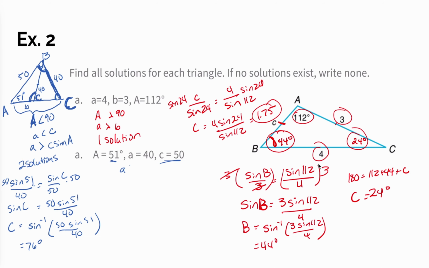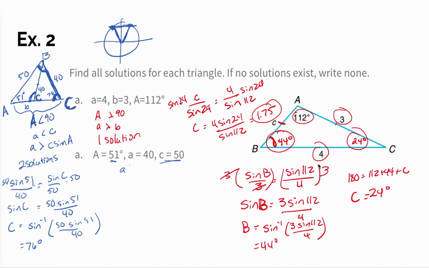So we get, if C is the acute angle here, it would be 76 degrees. On our unit circle, though, there's an angle 76 degrees with some sine. There's also an obtuse angle with the same sine.